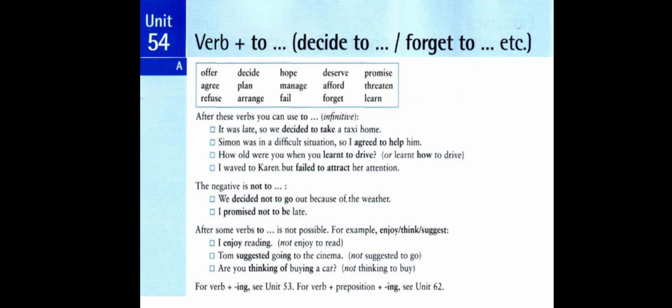Here we have to plus the base form after managed. Another example also, we can say I forgot to close the door. I forgot to close the door. We have here the verb forgot, and it is followed by to plus the base form.